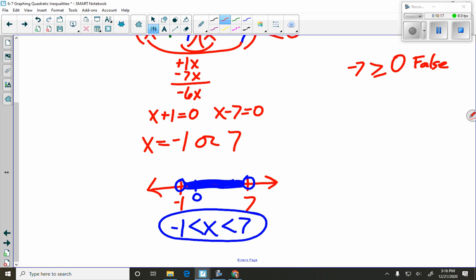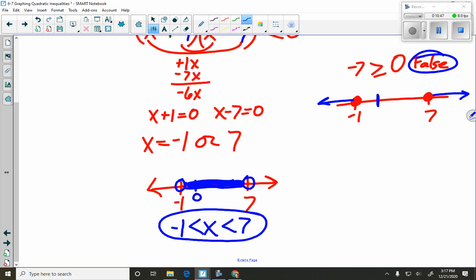So if testing 0, I would have gotten a false statement, then on my number line with a -1 and 7, if there's an equal bar, I would have put solid points, completely unrelated of a true or false statement. But if I tested a 0 and I got a false, then it's not the points in between, but it's got to be the ones on the other side. So it's going to be greater than 7 or less than -1.